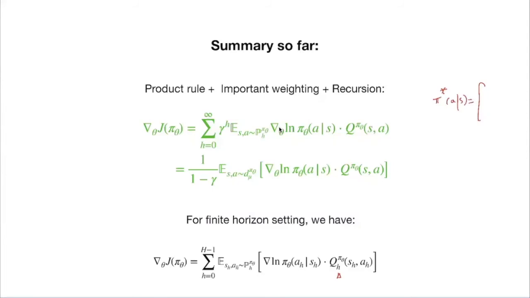So pi star is a deterministic policy, and I'm just representing it by this delta distribution. Yep. So let's just plug it in.